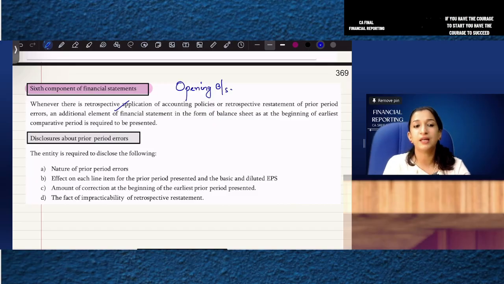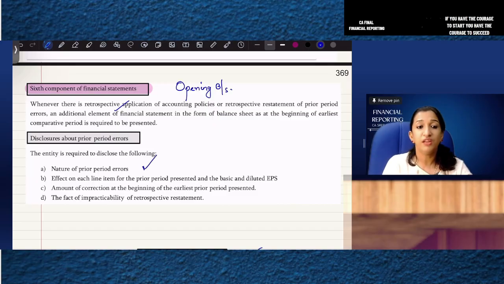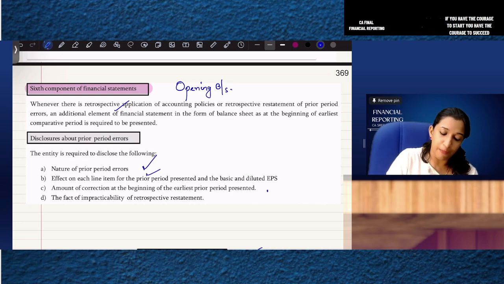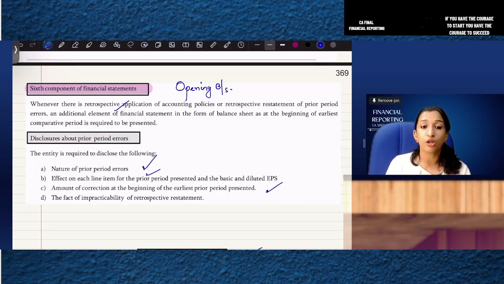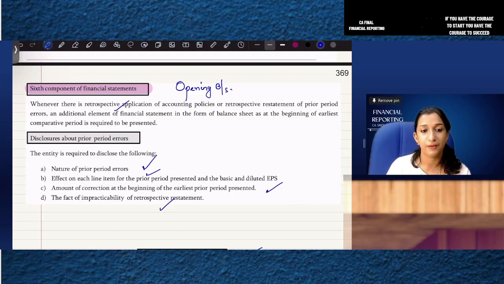When there is a prior period error, disclose the nature of the error, the effect on each line item and on basic and diluted EPS, and the amount of correction at the beginning of the earliest prior period presented. If impracticable, state that fact and, if possible, the reasons.